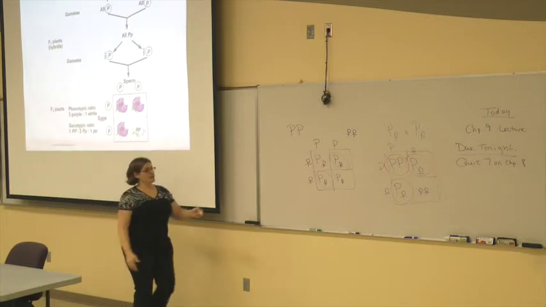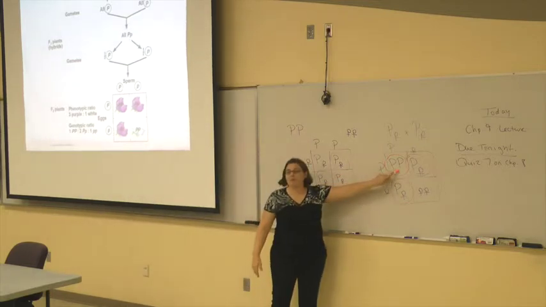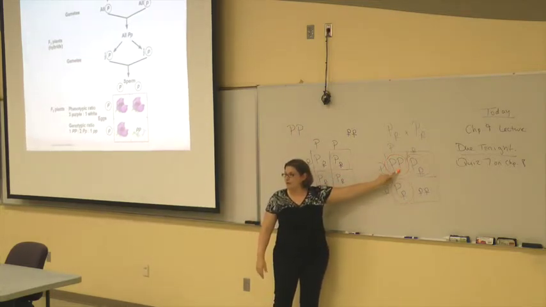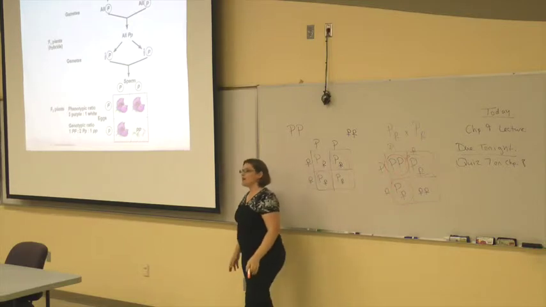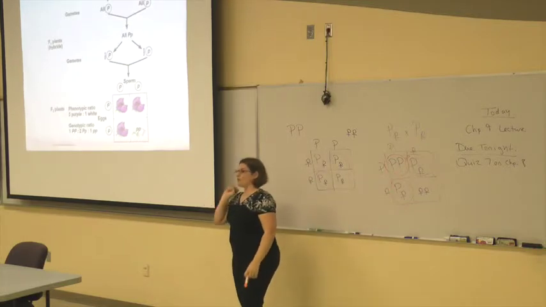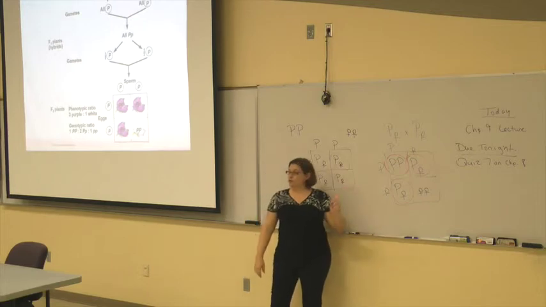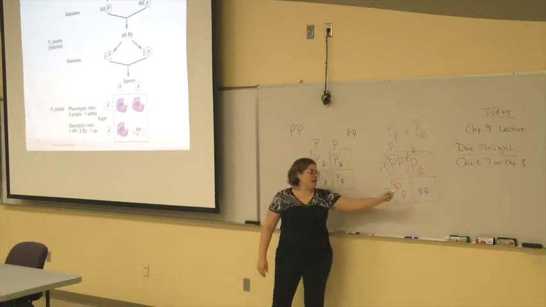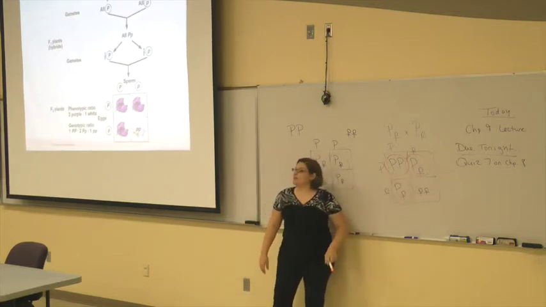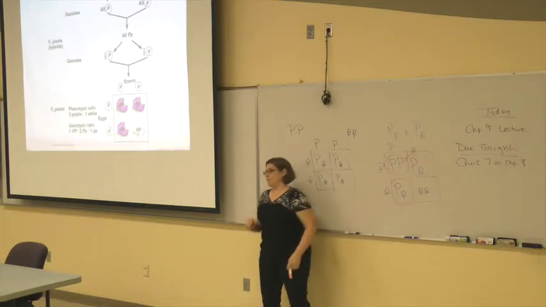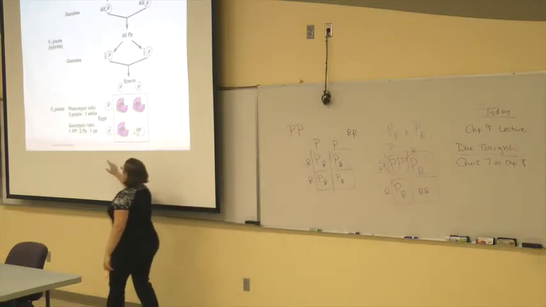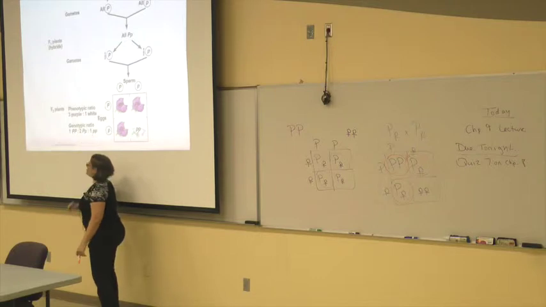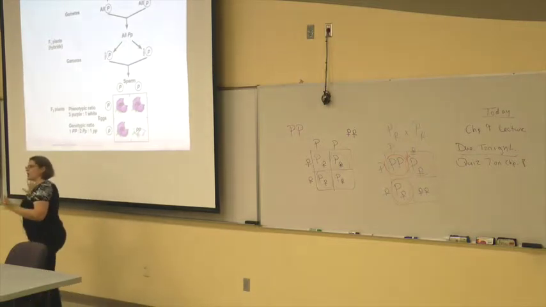Just 1, right? 1, big P, big P. How many were heterozygous, big P, little p? 2 out of 4, right? So there's the 2 in that ratio. And then how many were homozygous recessive? Just 1. So that's the 1-to-2-to-1 genotypic ratio. Both constants.